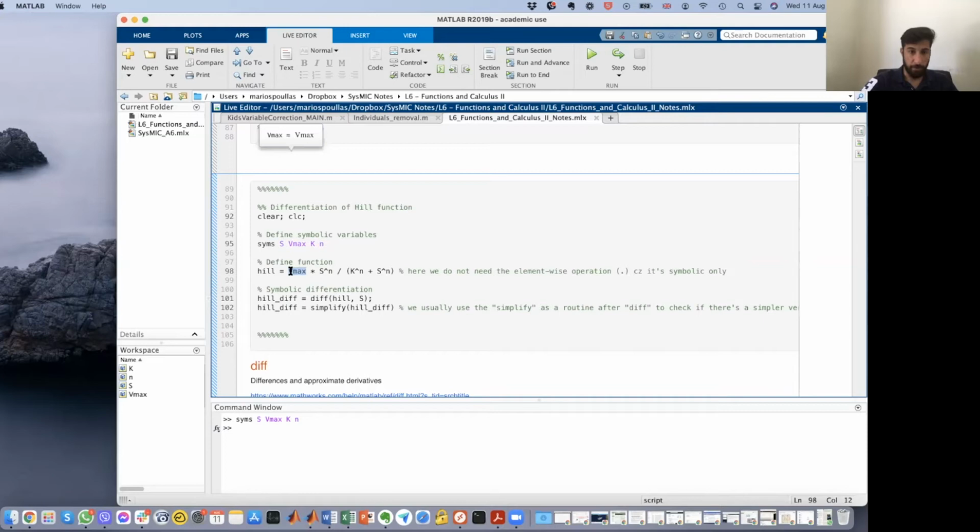And it's the same equation as the one we used earlier. This time we don't need the element-wise operation. You remember the dots that we were adding here. I'm not sure if I forgot to mention it, but when we need to use the element-wise operation, we add the dot before the operation.